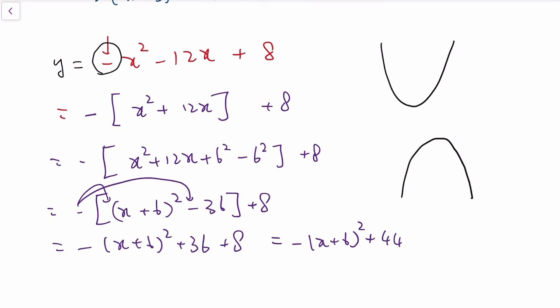If the starting number is positive, you have something like this. If it's negative, it's like this. But in either case, you have a tip, right? We technically call it a turning point or a vertex, the vertex of a quadratic.